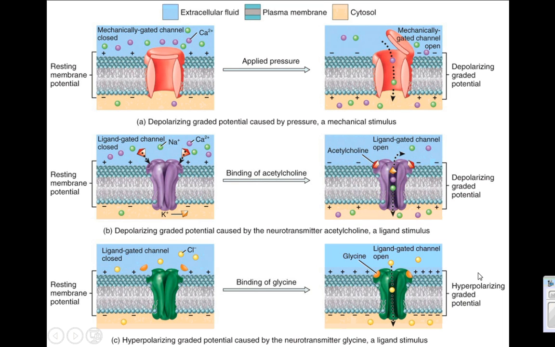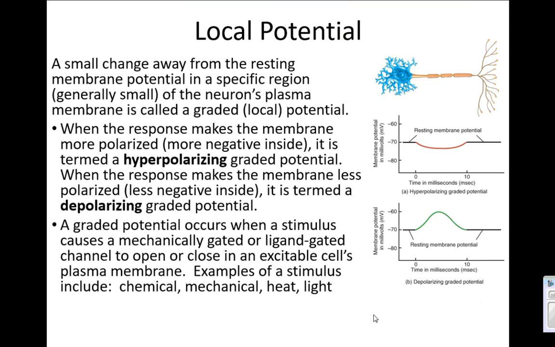But down here at the bottom we see hyperpolarizing, which means we're going to allow chloride in, when a ligand known as glycine binds to a receptor allowing chloride in. What charge does chloride have? Negative. So if we have negative coming into something that's already negative, we're going to go this direction, right? We're going to become more negative. So that's why it's called hyperpolarizing.